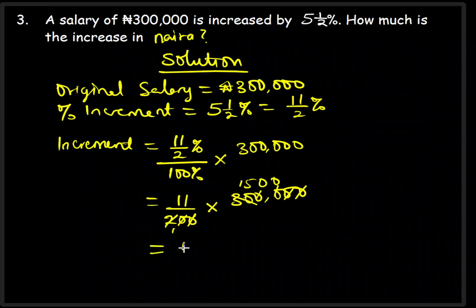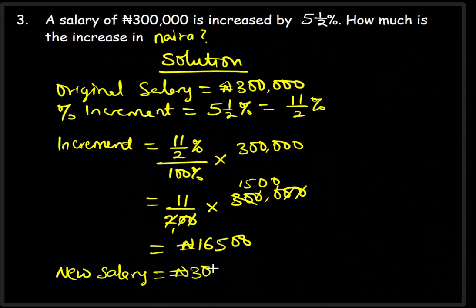So that means we'll be having 165 and then 00 as our increment. So that will be 16,500 naira as our increment. So the new salary, of course, in naira, will now be equal to 300,000 plus 16,500.